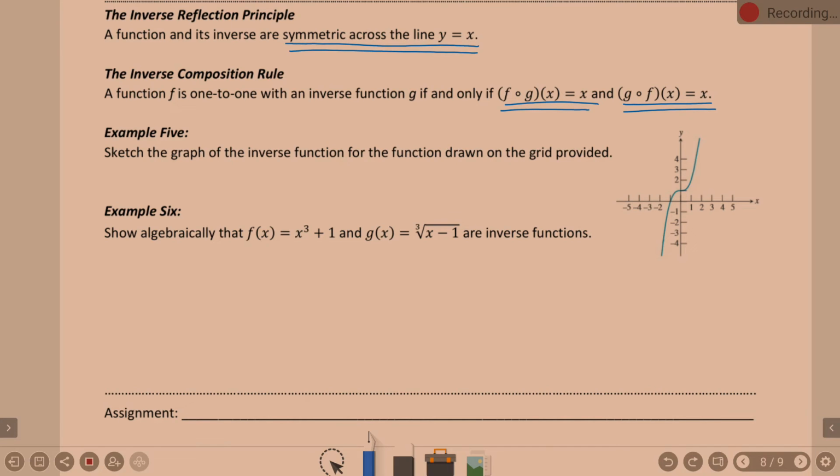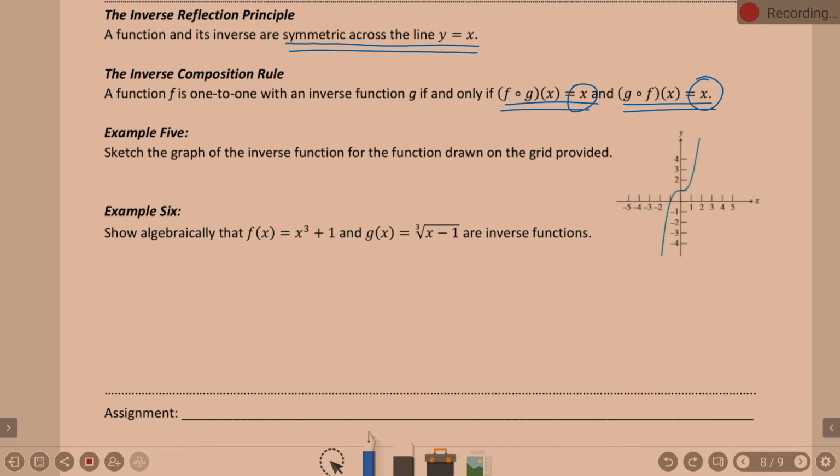So if you have a function and its inverse and you compose them, like f of g of x or g of f of x, in both cases they will always equal x. That's another little test we can do to decide if two functions are inverses. And we'll talk about that in example 6.